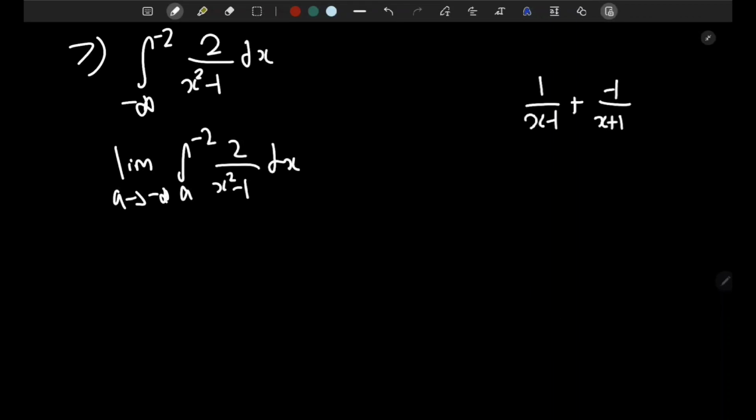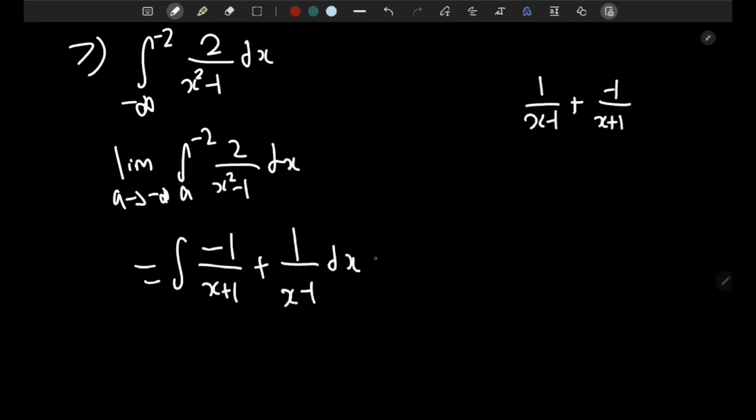Now let's rewrite the integration again. So we got our coefficients. It's going to be minus 1 over x plus 1 plus 1 over x minus 1 dx. And now let us integrate this.